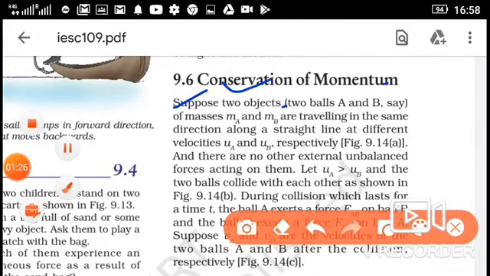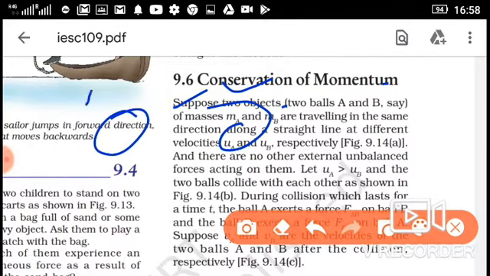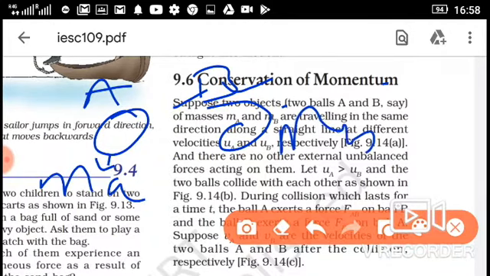Suppose there are two balls. This is ball A and this is ball B, having masses MA and MB. This ball is moving with initial velocity UA, and the other with UB.